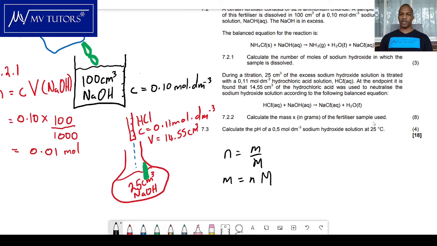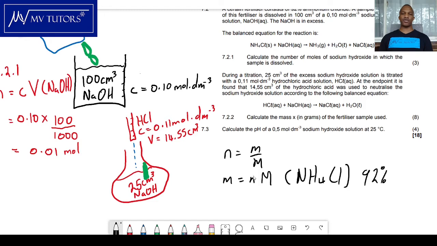And what do they want of the fertilizer sample? Okay, so the fertilizer sample includes NH4Cl. So the fertilizer is 92% of this ammonium chloride. Okay, so this is the end goal.